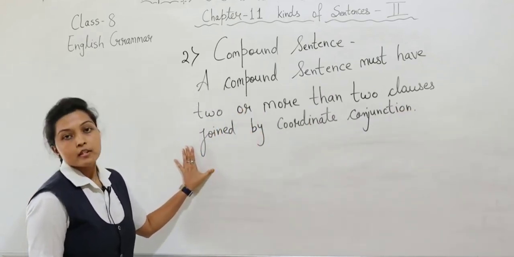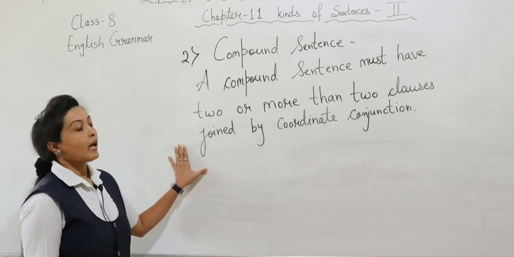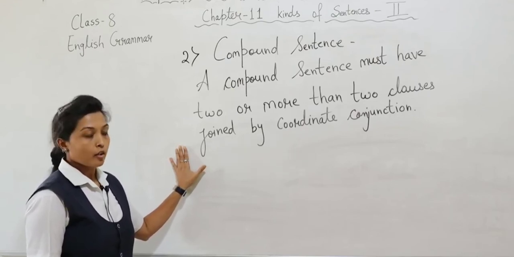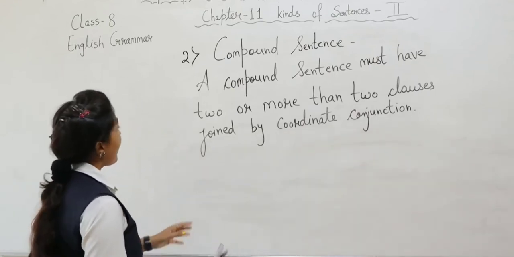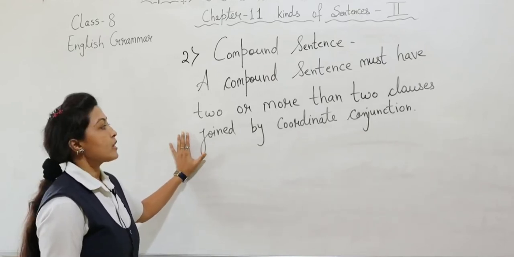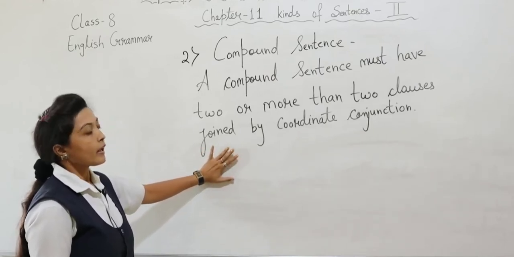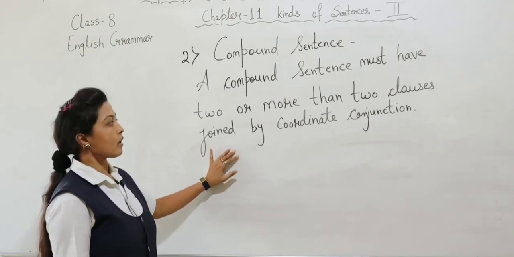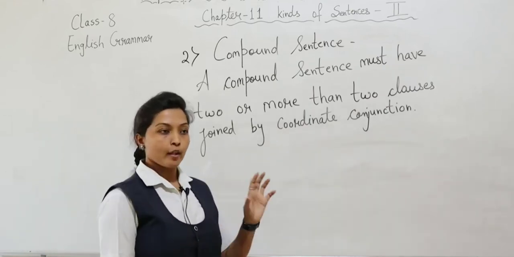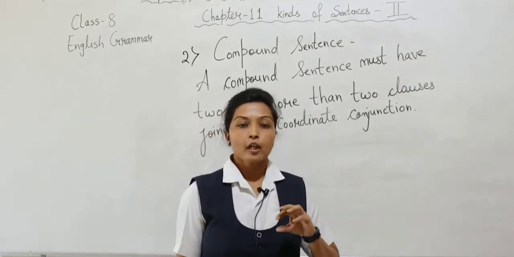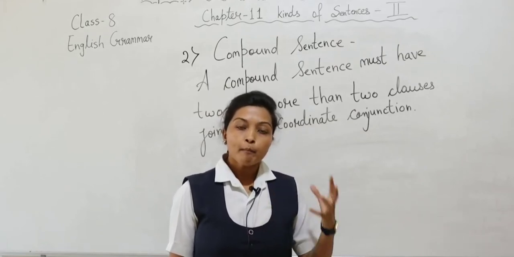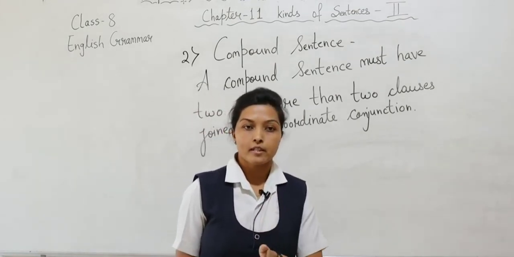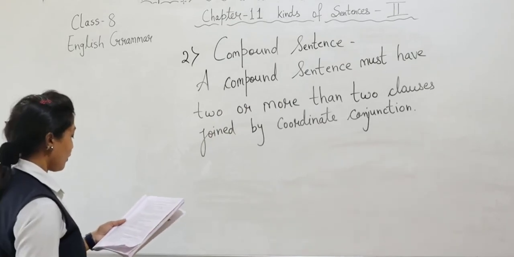In compound sentence, every part has one subject and finite verb. And each part, that we can say each clause, is an independent clause. It's not dependent on any clause. Independent clause is a clause that makes a complete thought in itself, having its own sense in the sentence.